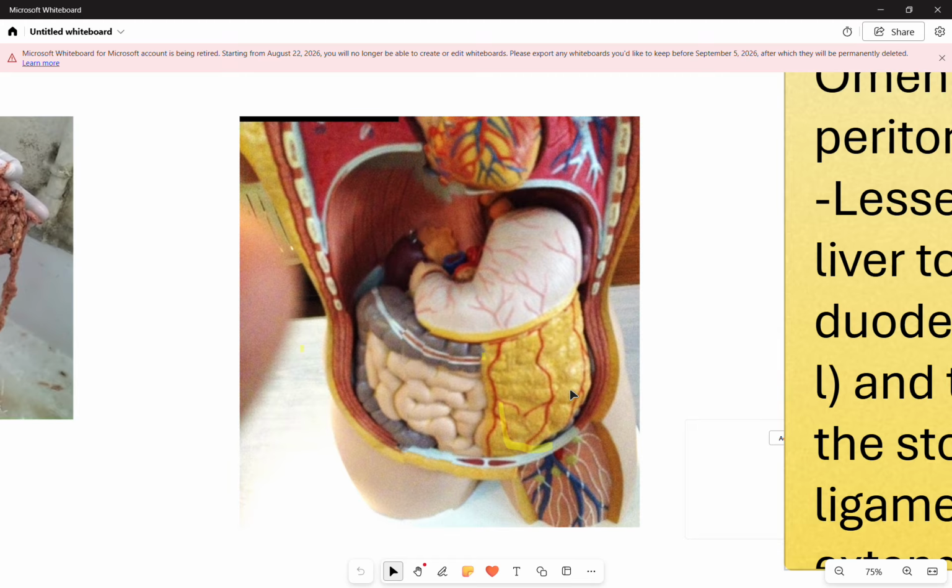Half of the greater omentum is shown over here. And number of blood vessels, very well vascularized. The other half is not shown here. And it is in front of the small gut. It covers the whole of the small gut. So it is lying anteriorly in the abdomen, just beneath the abdominal muscles. It covers the small intestine in front and it's lying anteriorly.